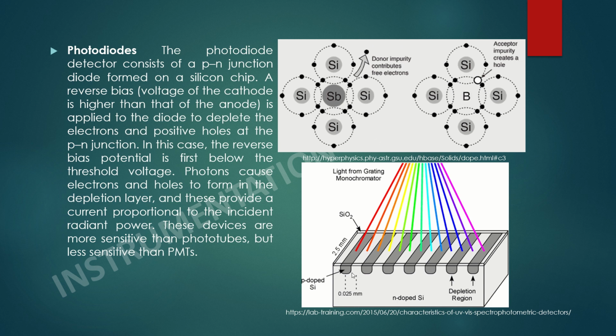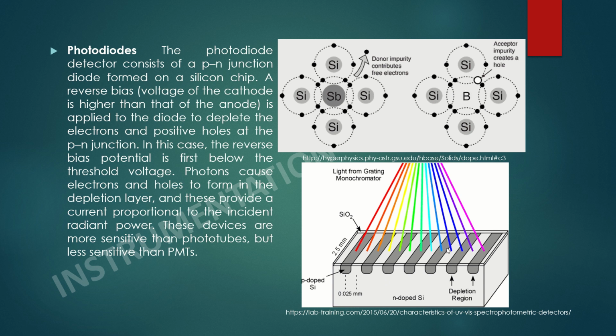In a photodiode detector, there is a reverse bias, that is, the voltage of the cathode is higher than that of the anode. The p-n junction is formed in the silicon chip. There is a depletion region in which these holes or electrons are present.